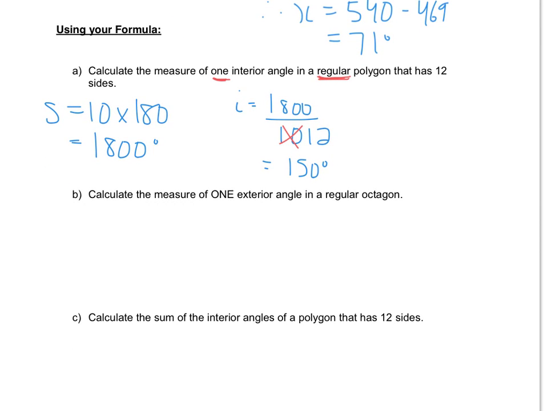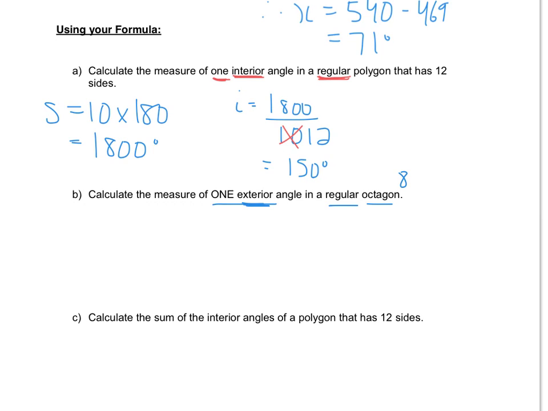In B, I want to calculate the measure of one exterior angle. So actually in A, I probably should highlight the interior as well, because we could also be asked for the exterior. And again, it's a regular octagon. Octagon has 8 sides. So there's 2 ways of doing this.